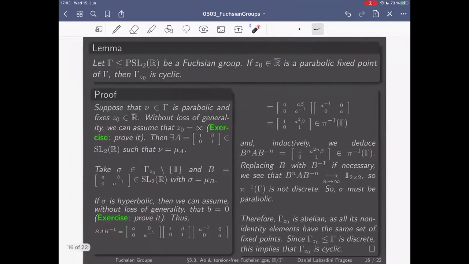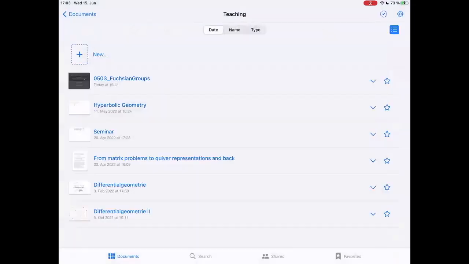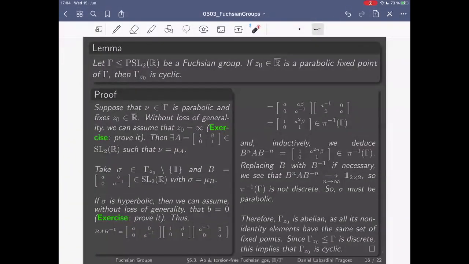One lemma about parabolic fixed points, and on the next slide, essentially the same lemma, but for hyperbolic fixed points. And for both of those, we want to show that the stabilizer of Z0 in gamma is cyclic.